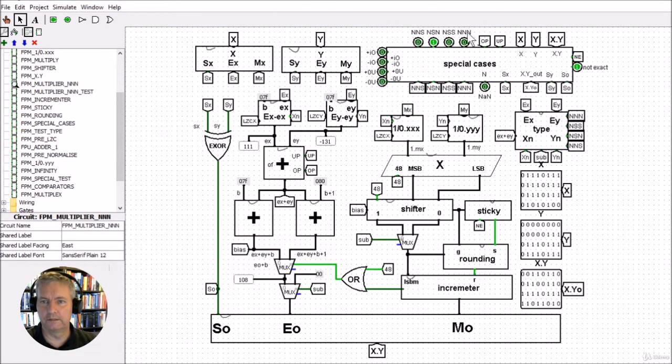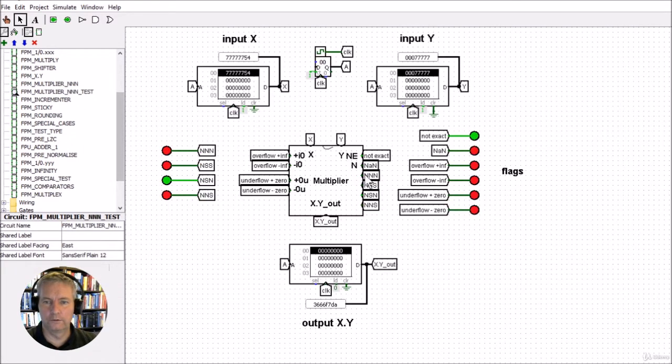These outputs get taken right up to the top level, which will come out here, and then they head from these tunnels here over these tunnels, and we've got the final output here. And you can see that I've got a value in there, and this value here must be a normal times a subnormal, giving a normal result.